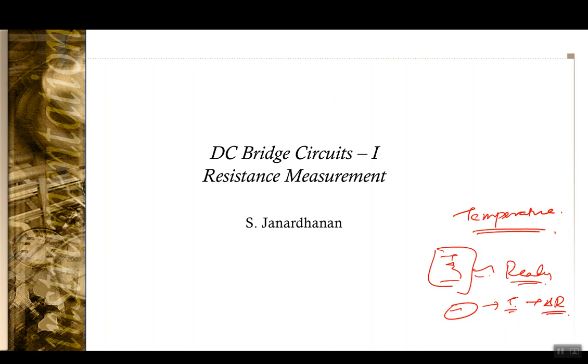And so the way out of this, particularly when you are trying to measure passive circuits like resistance, inductance or capacitance, is to depend on bridge circuits, which offer better accuracy in measurements.